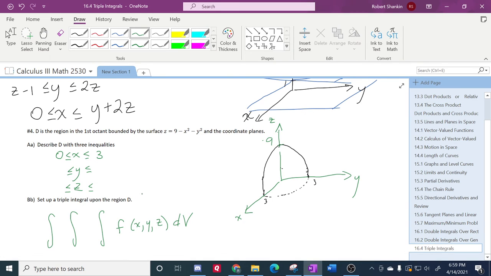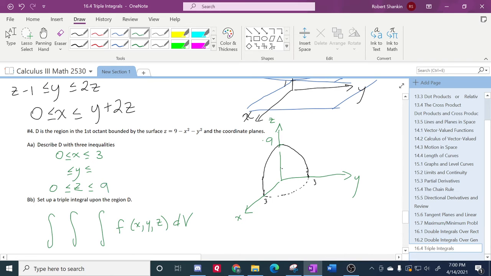Okay, and let me ask group 1, any ideas for these inequalities? We both agree that the inequality for z is going to be greater than or equal to 0 but less than or equal to 9.